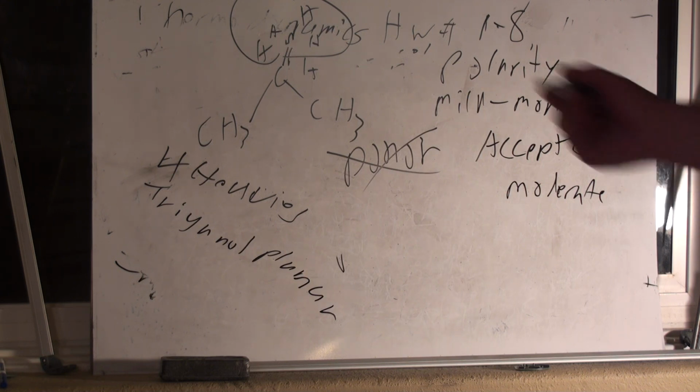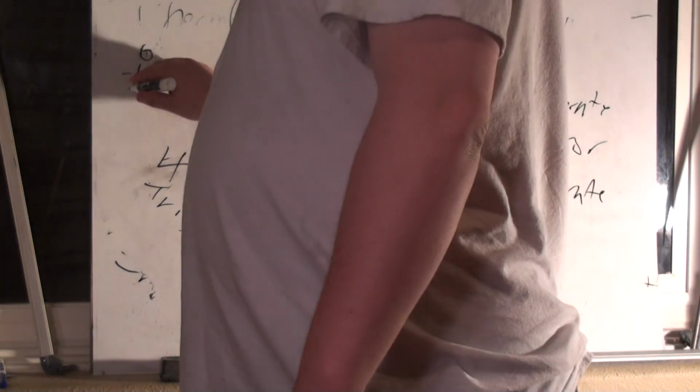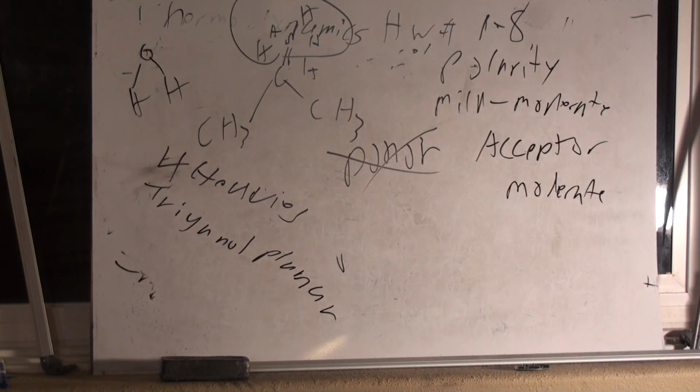So let's draw in water here. Now, I'm not asking why water doesn't evaporate, okay? I'm really comparing my polarity and hydrogen bonding and stuff to water, okay? So first off, it's mildly polar, moderately polar, definitely compared to water, okay?